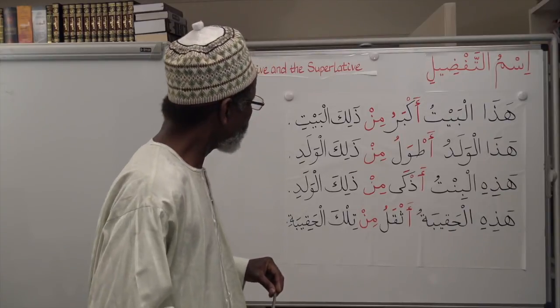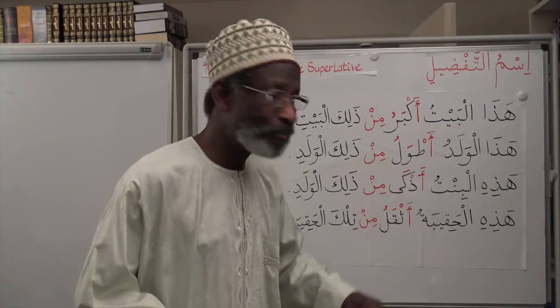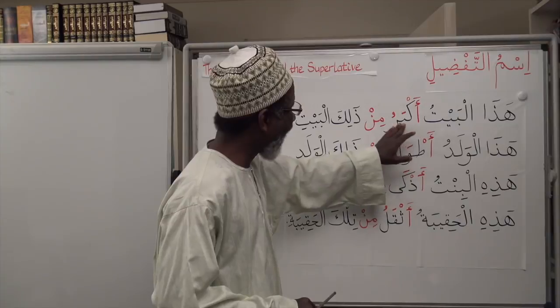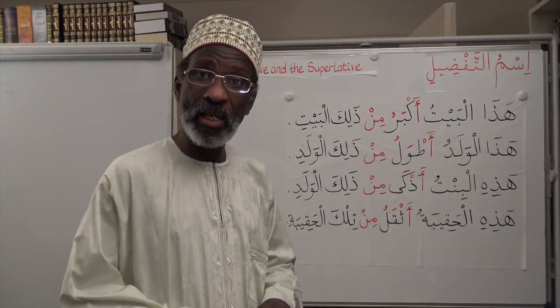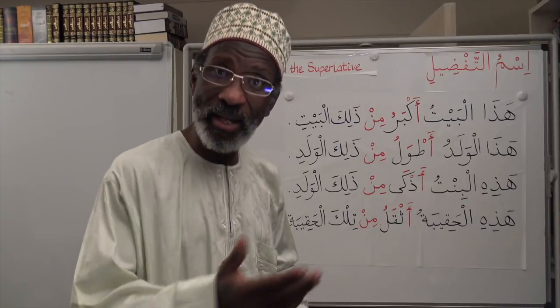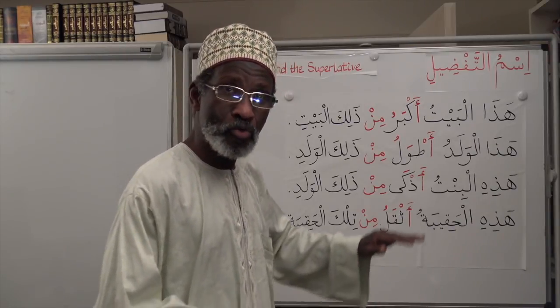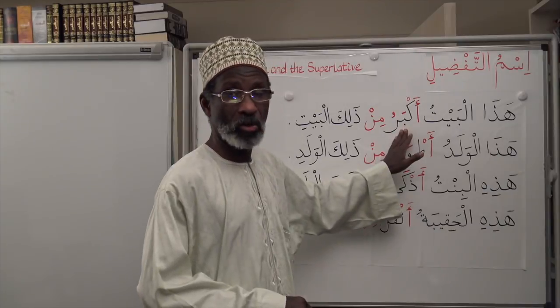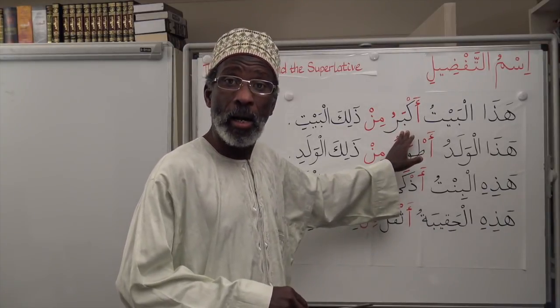Now let's do a little bit more analysis here. For instance, if you look at this akbaru, that means akbaru min, bigger than, larger than. Now can you remember the origin of this in terms of adjective?